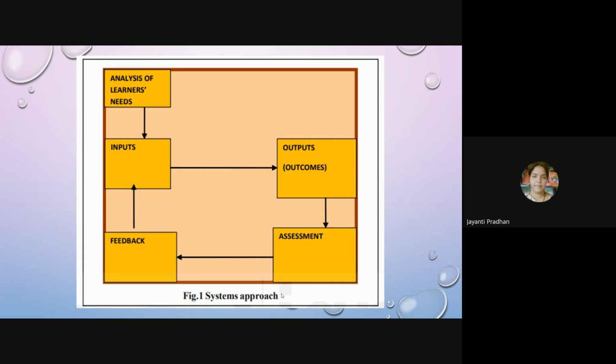Then we give them some inputs, and we expect some form of outputs from them, and we assess whether the output is relevant or as per the learning need. If we find it good, we give positive feedback, and if we want some improvement in that process, we also give feedback, and we replan the input.